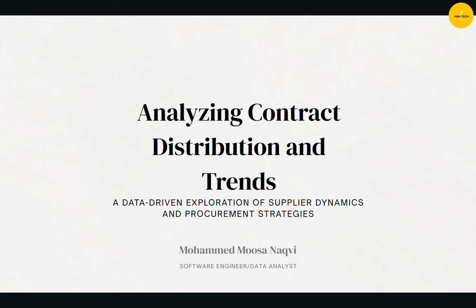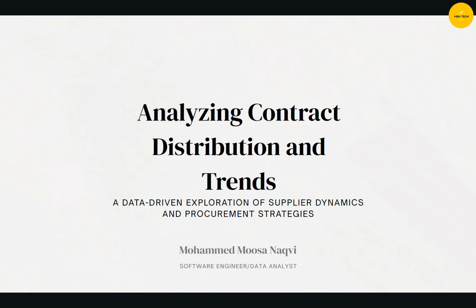Before mentioning anything about it, one thing I would like to ask: who do you think is the biggest buyer or biggest client for goods and services in Canada? No surprises, the Canadian government is the biggest client, or you can call it the biggest buyer of goods and services.